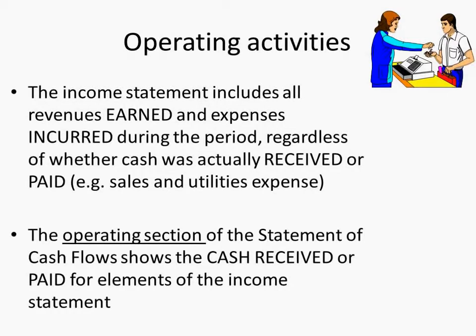So the income statement includes, we know this, revenue earned and expenses incurred during the period. And I'm repeating this, regardless of whether cash was actually received or paid. Because on an accrual basis, do we care about cash received or paid? No. If we don't care about cash received or paid on an accrual basis, is it still important? Why might it be important?